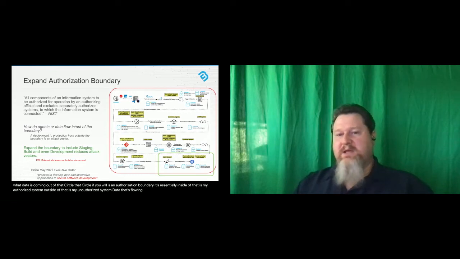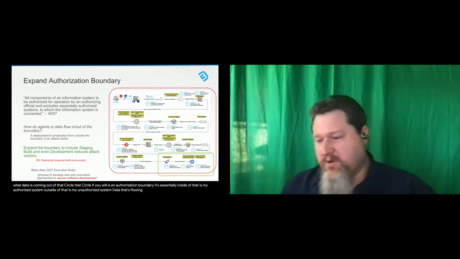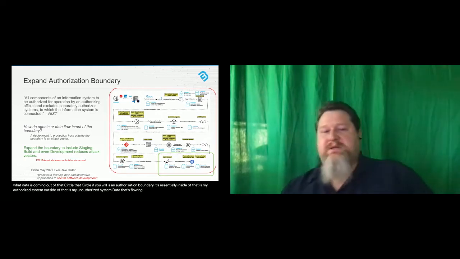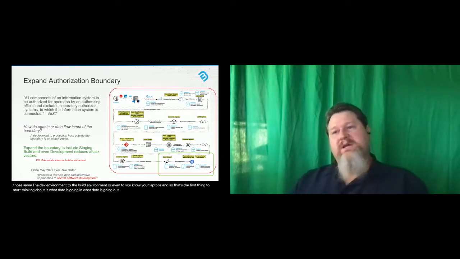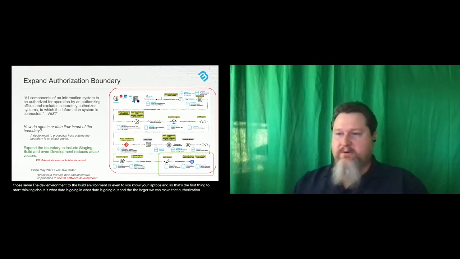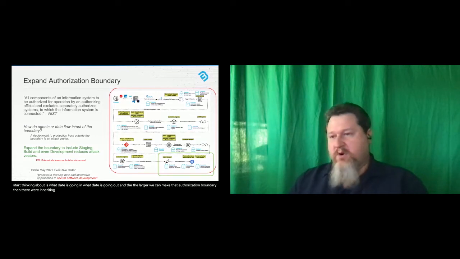Can we apply the same controls that we would have applied to a production environment to the dev environment, to the build environment, or even to your laptops? And so that's the first thing to start thinking about: what data is going in, what data is going out, and the larger we can make that authorization boundary, the more we're inheriting what the boundary already has.